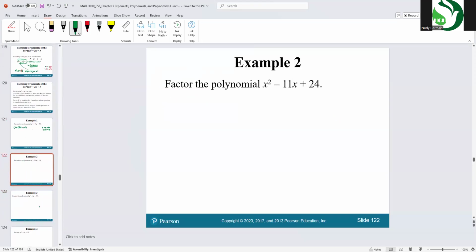Two numbers: since our two numbers must have a product of 24, remember you need to multiply two numbers to obtain 24, and you must obtain a sum of negative 11 when you add them. Because the number in the middle is negative, and the last term is positive.